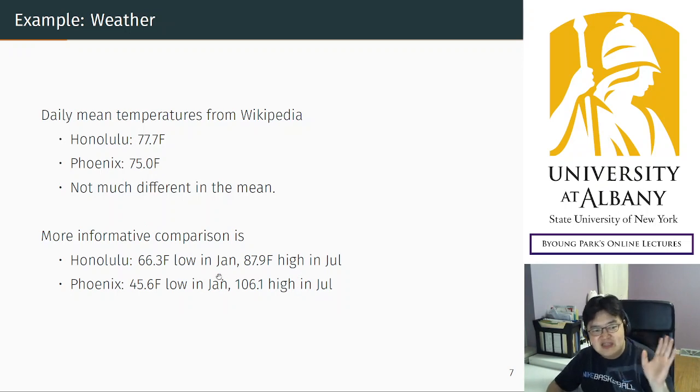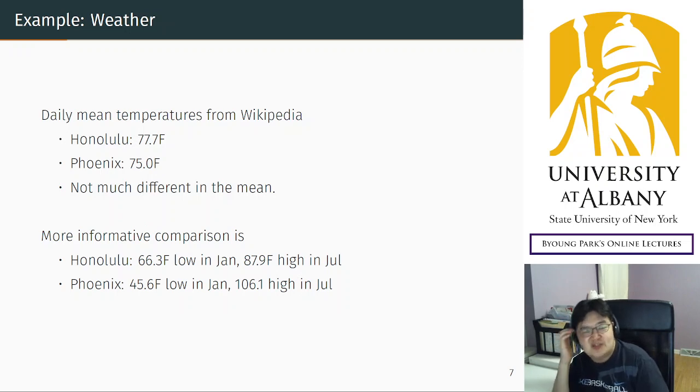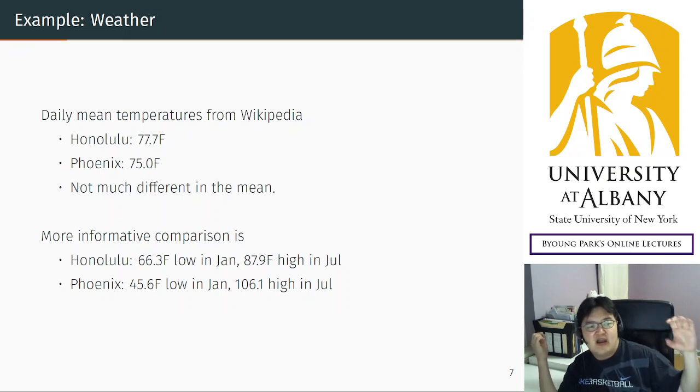This is a much better comparison that shows the exact difference between these two climates. The reason Honolulu has the best weather is that in all four seasons it's warm and nice.